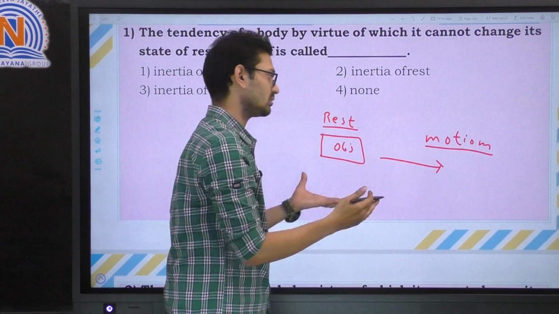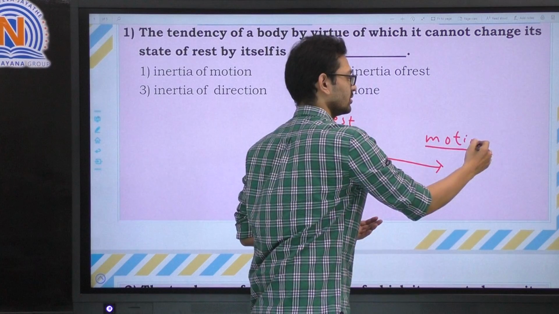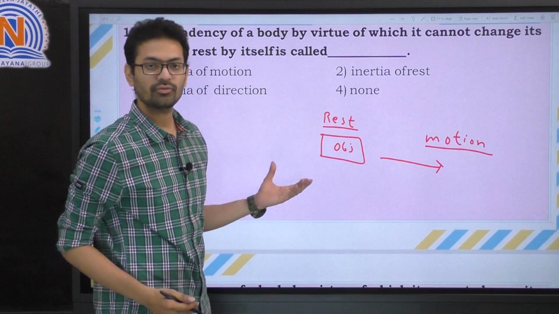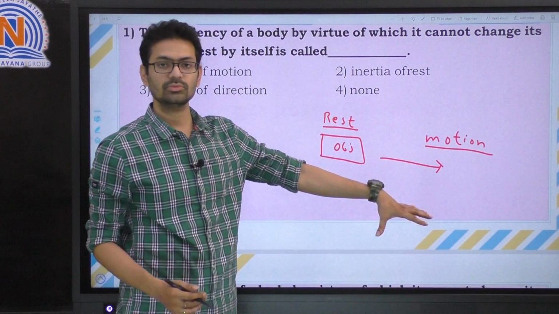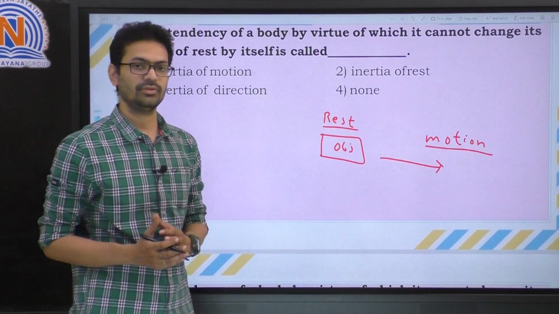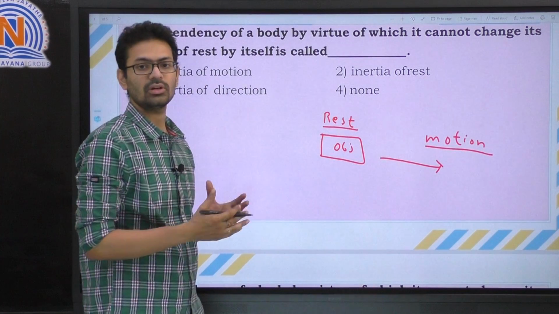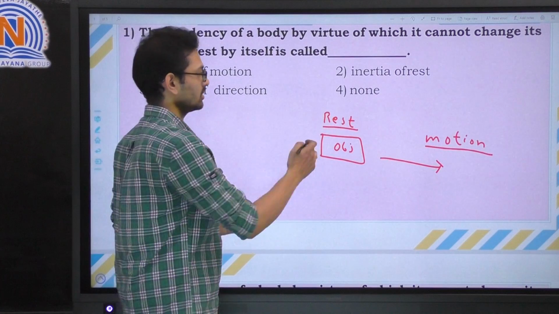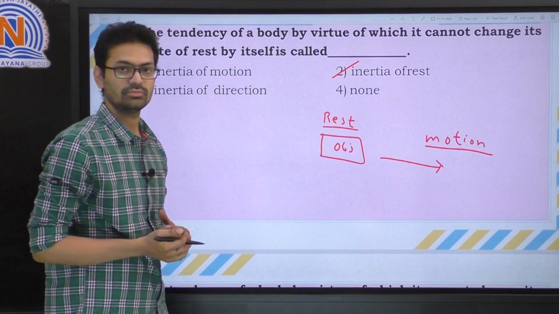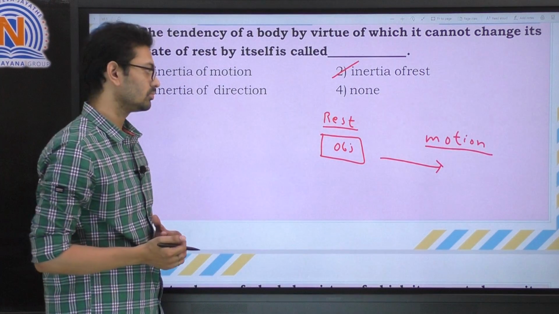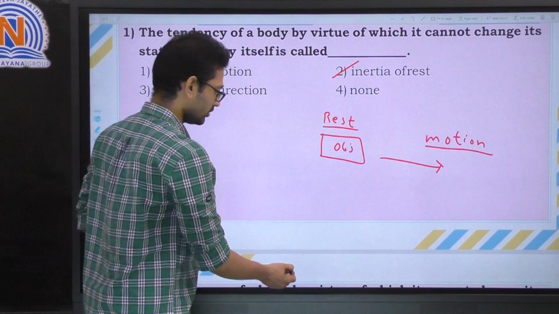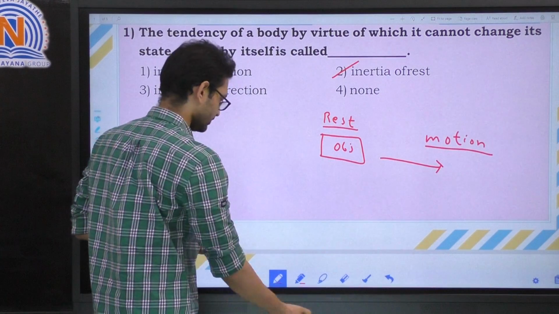When it is not changing from the state of rest to motion, this particular situation is called inertia of rest, which is option number 2, right? Hope this is helpful for you. Let us go with the next question.